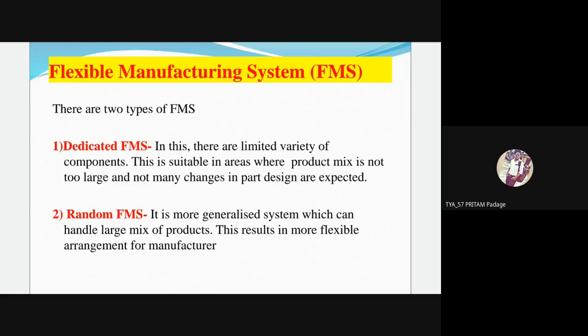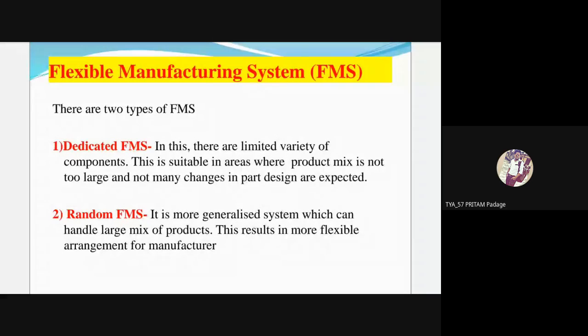But in random FMS, all the tools will be there: knurling, tapering, drilling, and so on. Wherever the maximum operations and components are handled, this is included in the random FMS. Only simple parts are in dedicated.